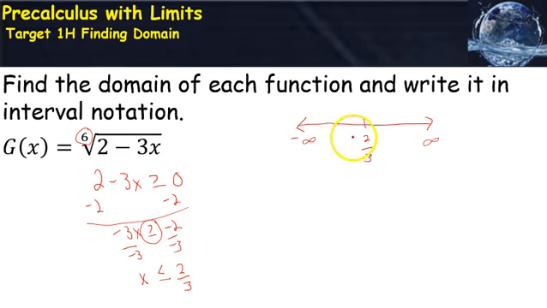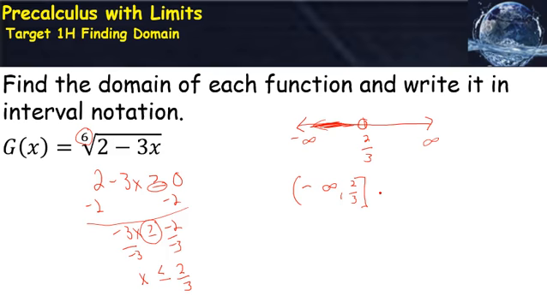Okay, so this is saying start at 2/3 and go less than, so go that way, right? So this is negative infinity to 2/3. Now, negative infinity is always open, and we said it could equal, so we can say closed on the 2/3. So that's the answer, negative infinity to 2/3.